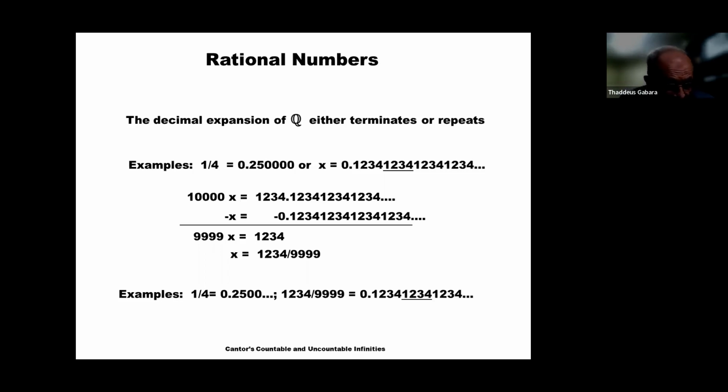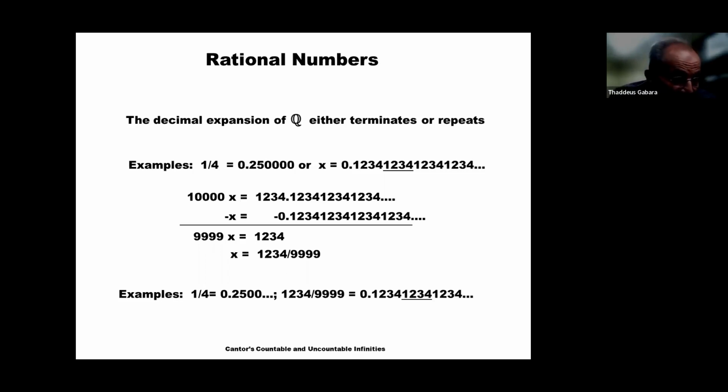It terminates. However, there could be another fraction, and I made this one up, of 0.1234 1234, and so on. This is a repeating fraction. It is a rational number.